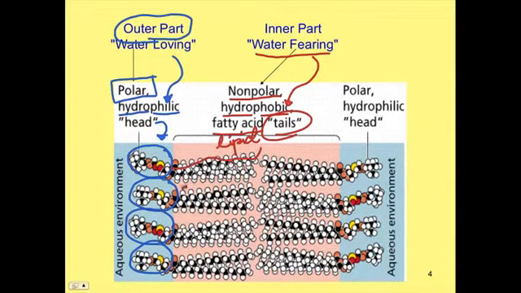And these go out like this. So the outer portion is water loving, the inner portion is water fearing. And this is going to play a role in how things move back and forth throughout the cell.